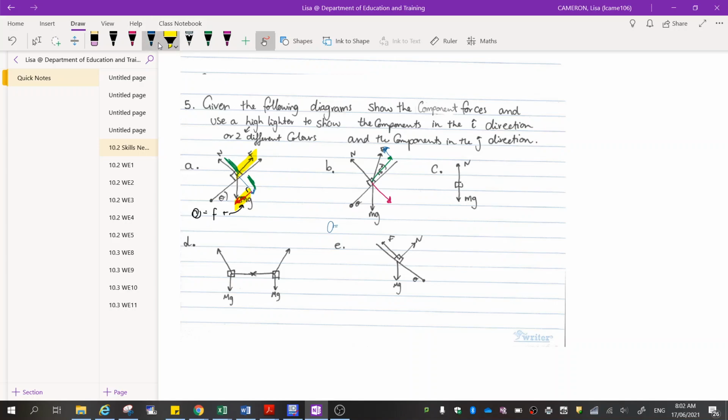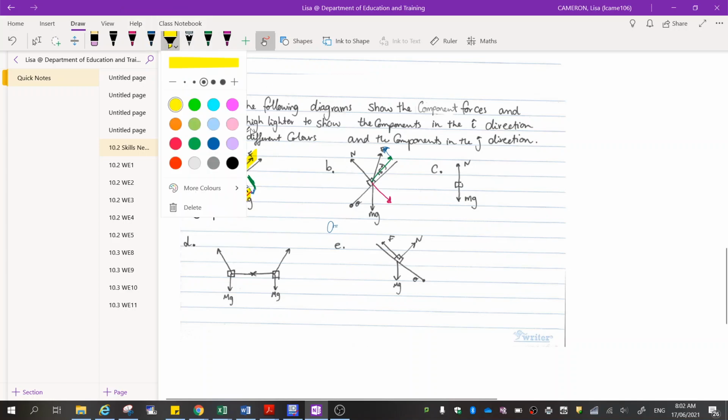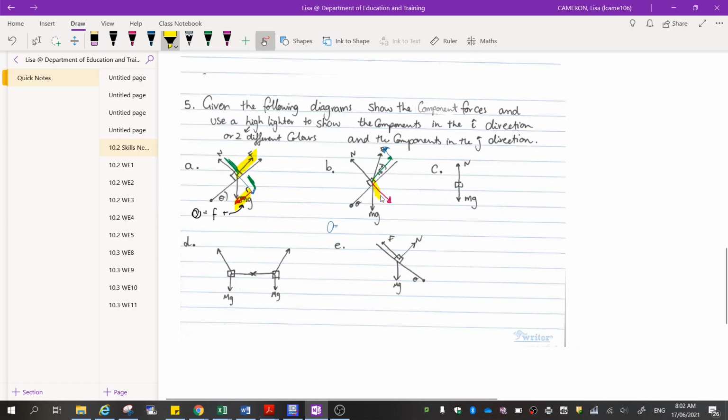Okay, so anyway, now I'm going to highlight the forces. Sorry, we've missed one. Maybe we didn't. I'll double check before we have class. So anyway, the one that's going in the J direction is this and this.